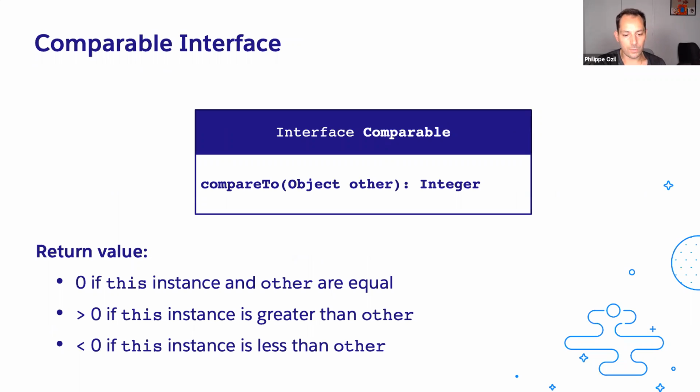It can be 0 when this current instance of the Comparable equals the other object, and here, generally, we're using the equals method. It can be positive if this current instance is considered greater than the other one, or negative if this instance is inferior to the other. Now, we generally don't need specific values, as just +1 and -1 is good enough. There's not necessarily a notion of scale. It's just the fact that we have three types of values.